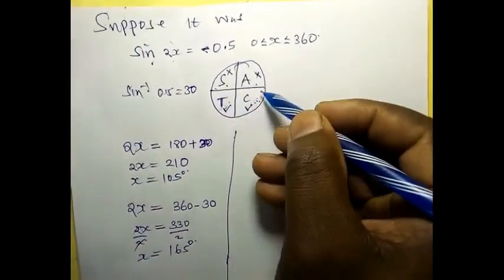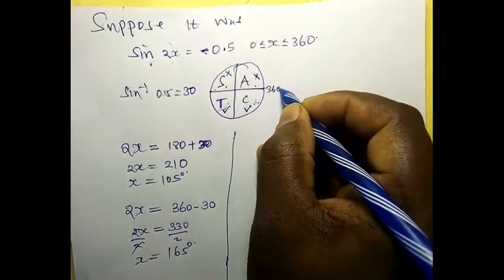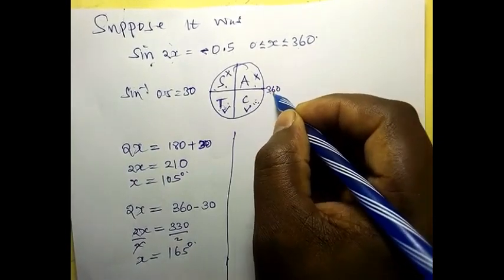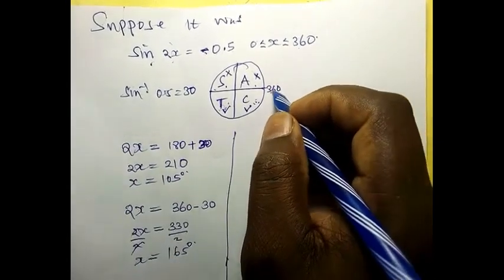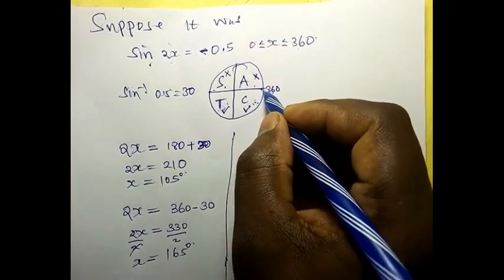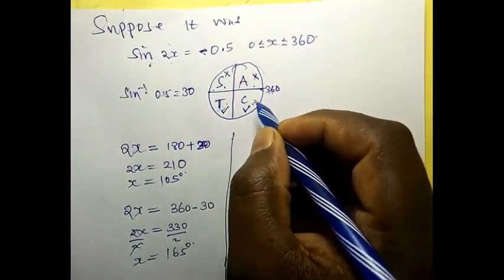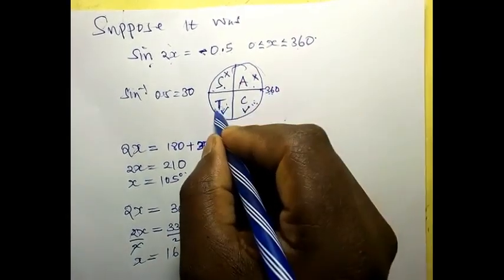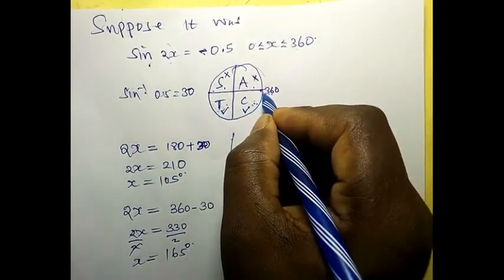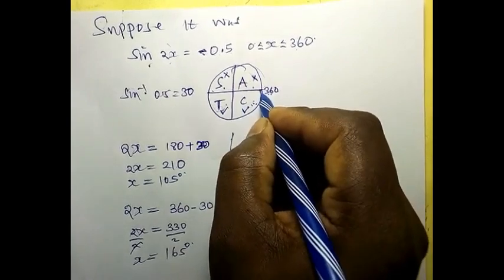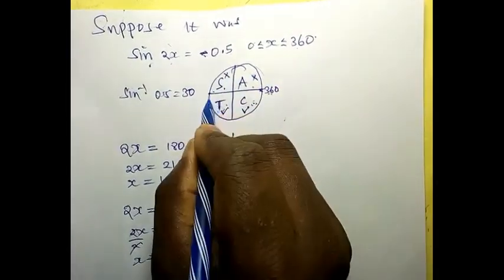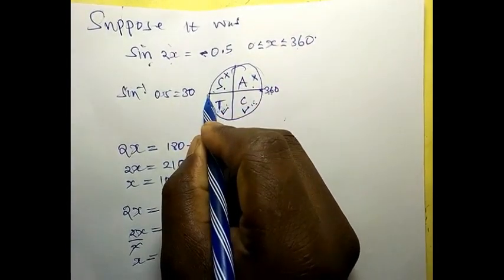Now we go around up to here. We are at 360, sorry. So we have finished the first cycle. We are now coming to the second cycle. So how do we get an angle here? This is 360, right? 360 plus 180, 180 plus 30.